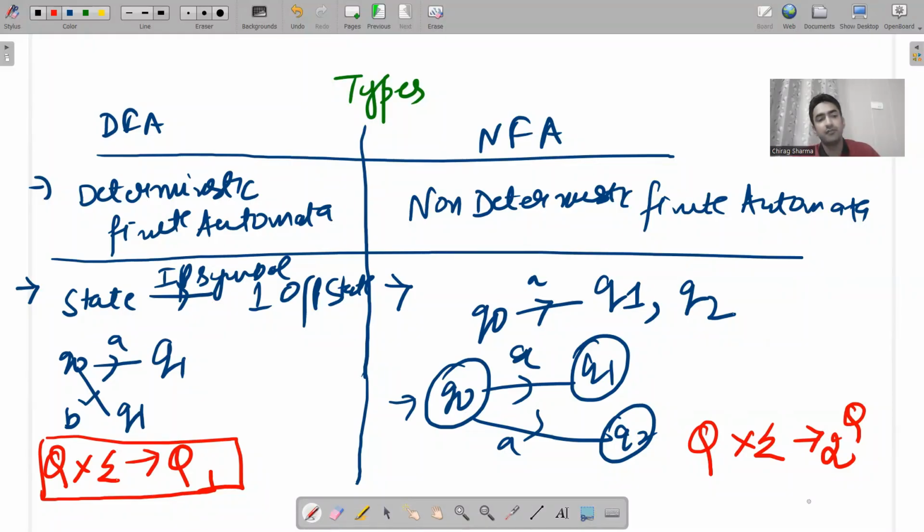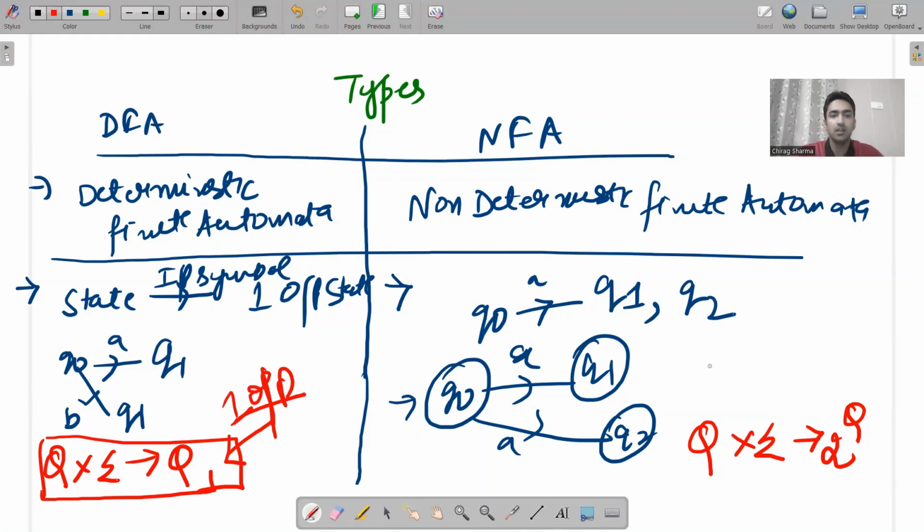But we have again initial state as well as set of final states, and all the set of states that we have got. But the important thing to understand over here, guys, is the fact that over here any state given any input symbol, it can go to one state, only one output is formed.